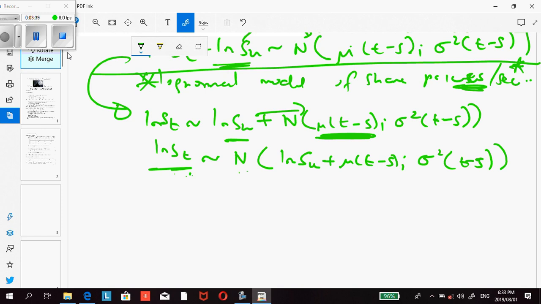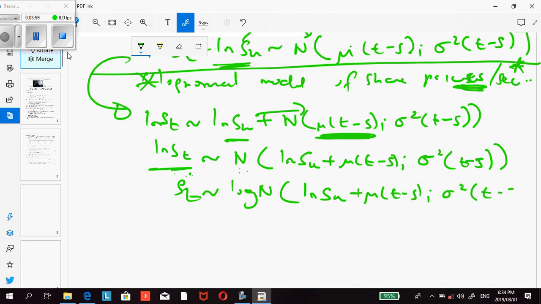And if I take the exponential of the normal distribution, the resulting distribution will be log normal. So that means ST is log normal with mean the natural log of SU plus mu into T minus S and variance sigma squared into T minus S.